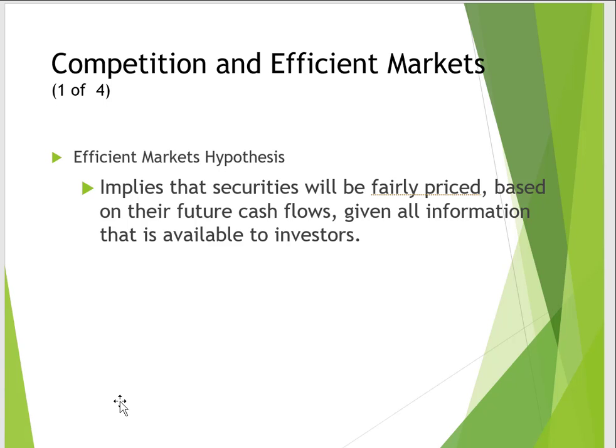It implies that securities will be fairly priced based on their future cash flows, given all the information that's available to investors. Now, there are really two kinds of information: public information and private information.